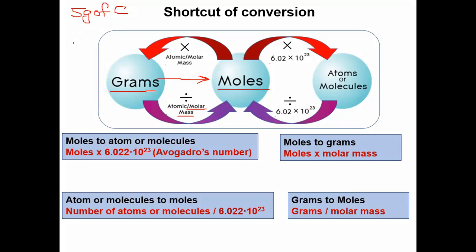We know that the molar mass of carbon is 12 grams per mole. So as it says here, you need to divide 5 grams by 12 grams per mole.